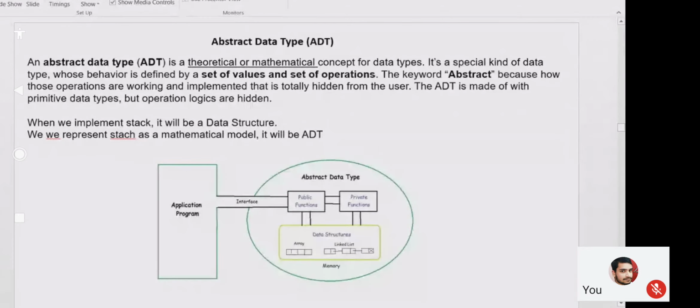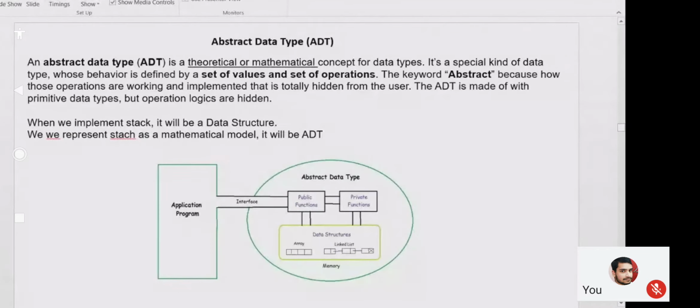Peep means it displays only the topmost element. Pop removes the topmost element. Peep only displays the topmost element, not removes it. So this is the basic difference between pop and peep. These are the operations, and these are the data.